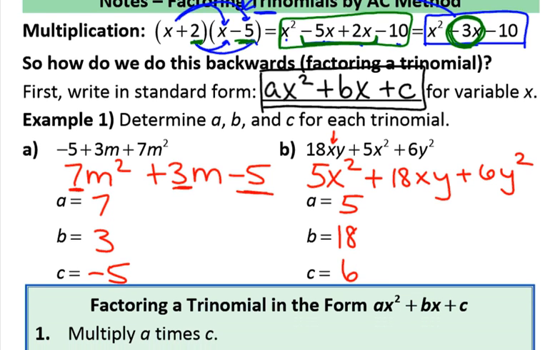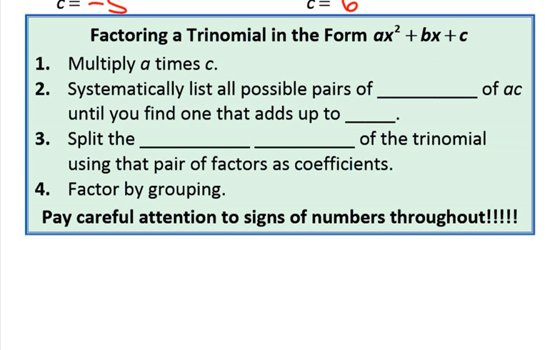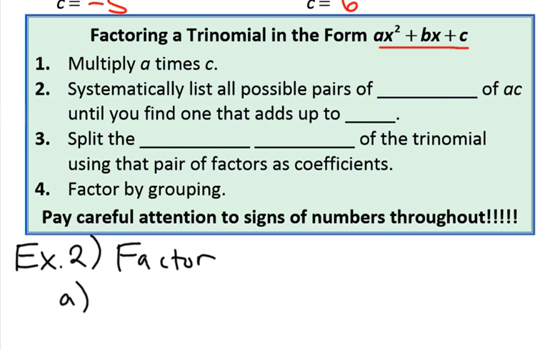Just like everything with factoring, we have a list of steps for how to factor a trinomial in the form ax squared plus bx plus c. As we go through our first example, which is really example 2, we'll go through the steps as we do the first one. The first example is x squared plus 9x plus 20.